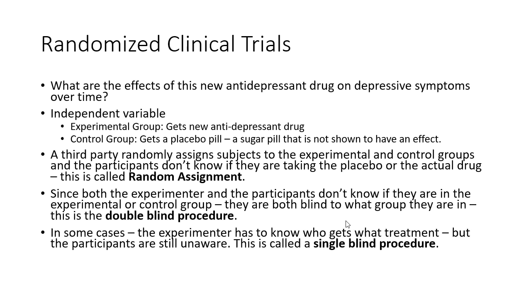So it teases that part out and really finds the effect of the actual drug. The single blind procedure is when it's not possible for the researcher to not know who's getting what treatment. So that's called the single blind procedure.